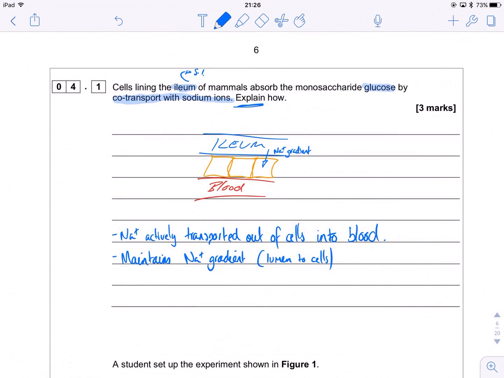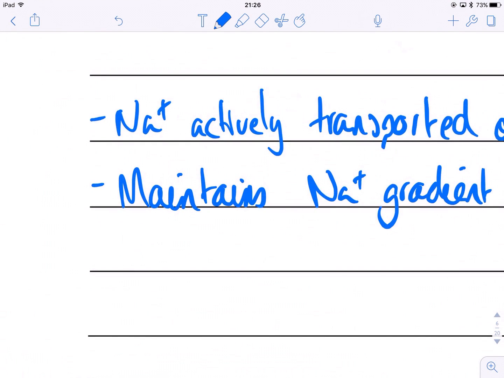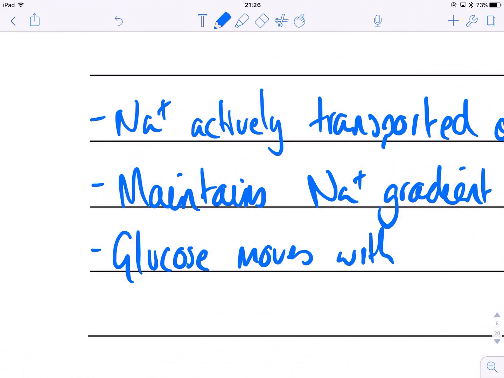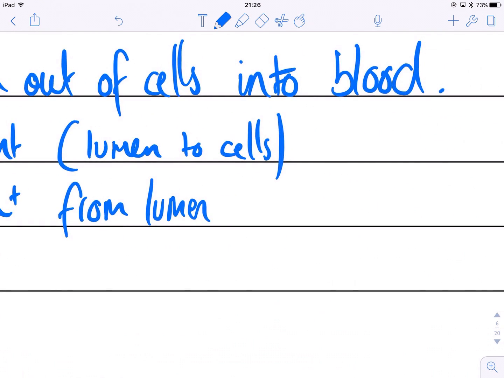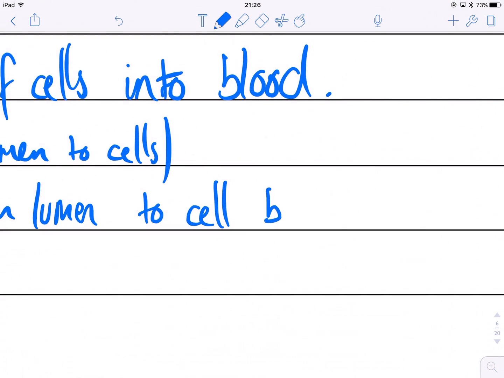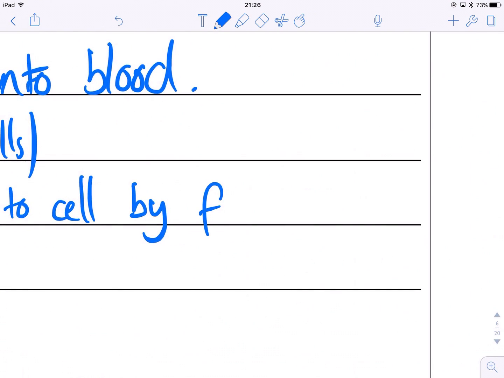And then finally, what we want to say for our third and final mark is what that allows to happen, essentially. So glucose is able to enter, glucose moves with Na+ from lumen to cell by co-transport, which is a specific type of facilitated diffusion, requires a carrier protein.